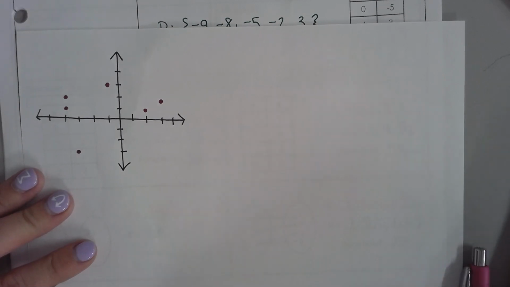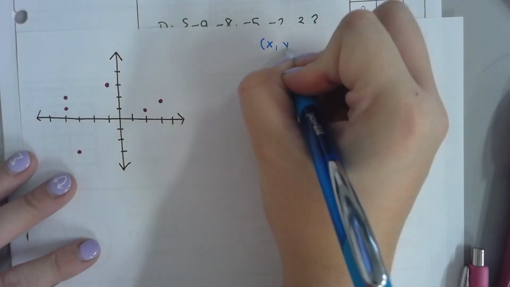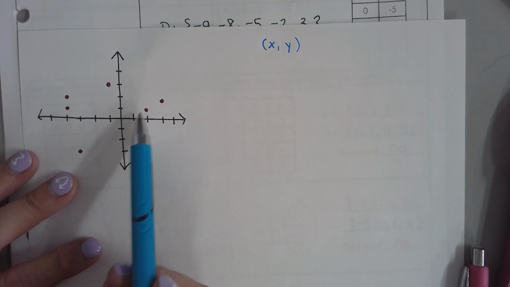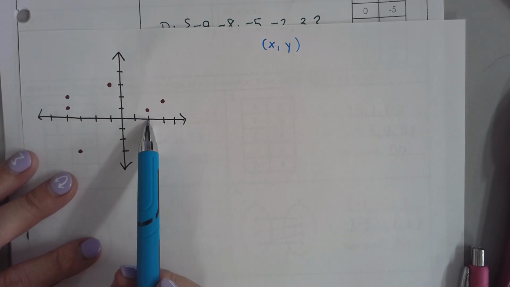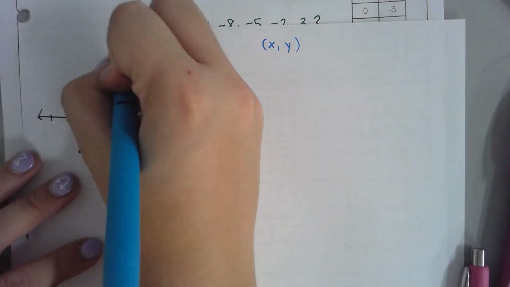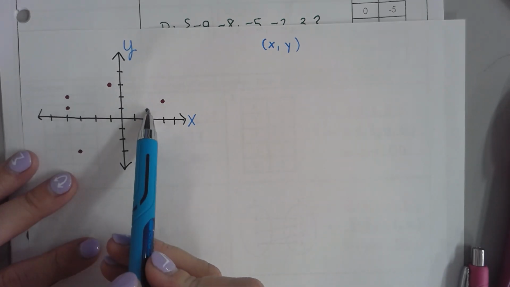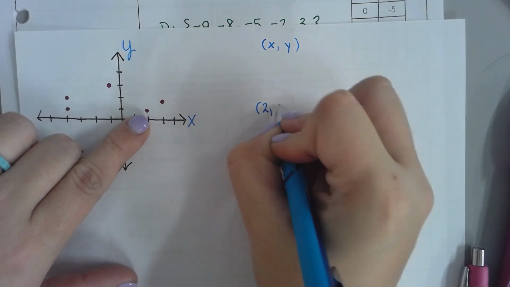So when you're writing out the coordinates, it's always x first and then y. So for example, this point right here, if I start at the origin, I go to the 2, this is my x-axis, this is my y. I go over to the 2 and up 1. So that one right there is the point 2, 1.